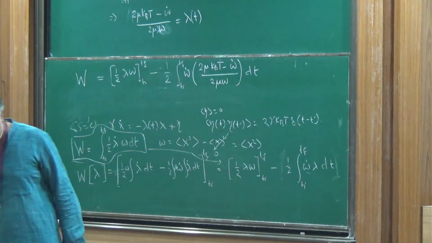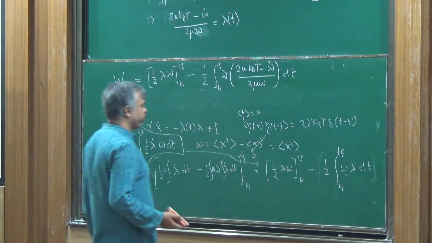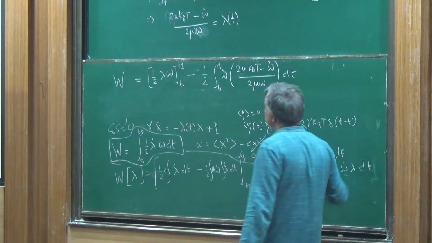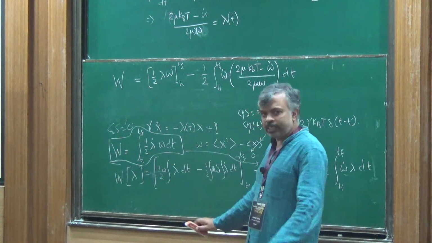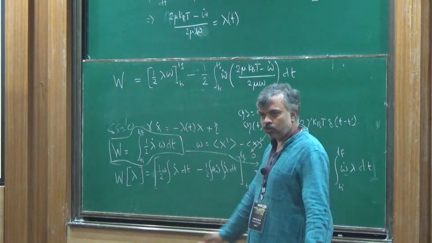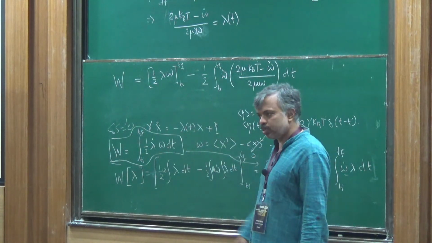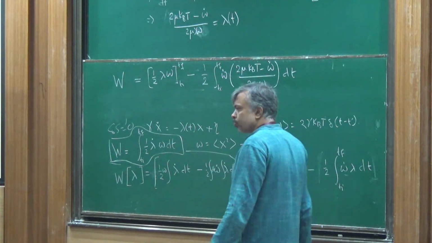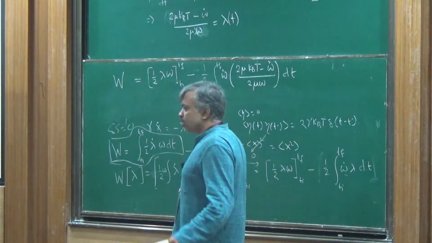Let's simplify a bit. These are all averages, like omega. I am not talking about anything trajectory dependent so far. It is an average over all possible trajectories, because I average over noise, except for lambda t. Lambda t is a deterministic function, no point in averaging.